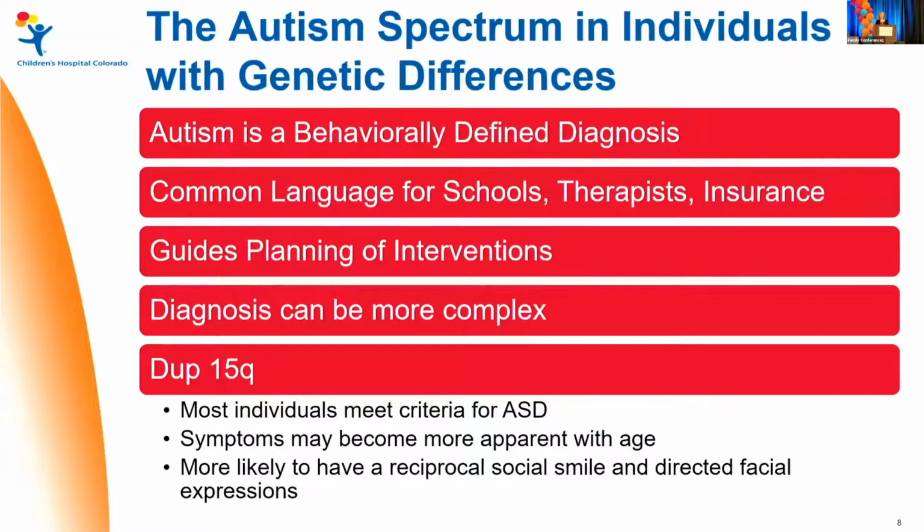Some of that has to do with the fact that the child may not present exactly as someone who has classic autism. This is particularly true for children with 15q Duplication, who may show their facial expressions to people more frequently than a child who has classic autism, or may also have a better social smile.